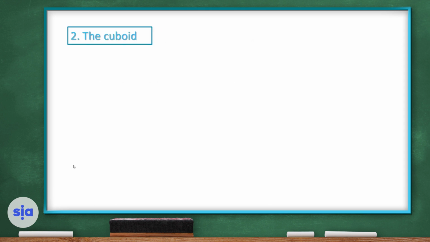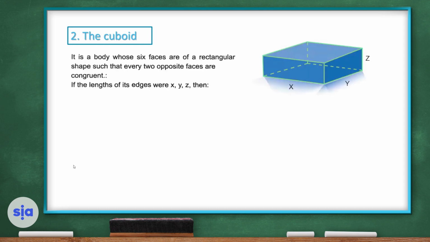Let's now go to another geometric figure, which is called the cuboid. This is the cuboid. The cuboid is a body whose 6 faces are of a rectangular shape, such that every 2 opposite faces are congruent.